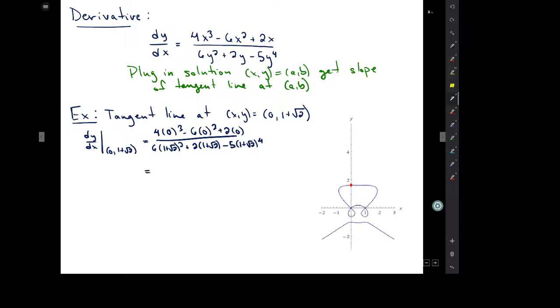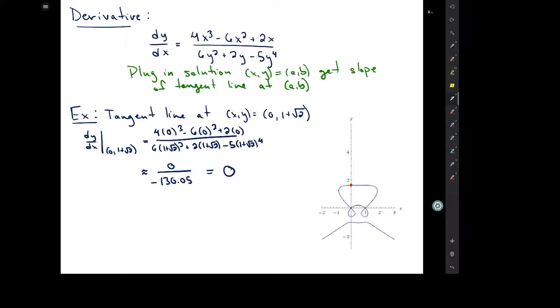When we evaluate this, we get 0 in the numerator and negative 130.05 approximately in the denominator. This is an approximate. But what we know is that our derivative is 0.